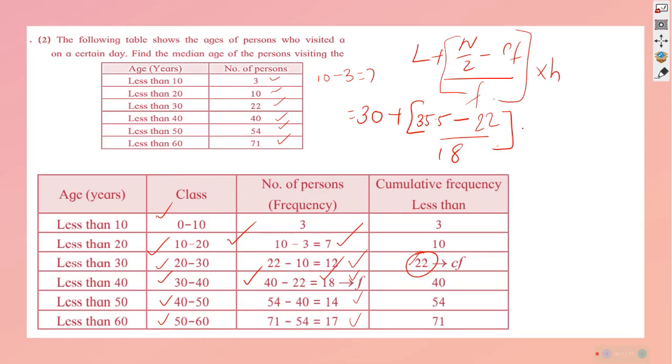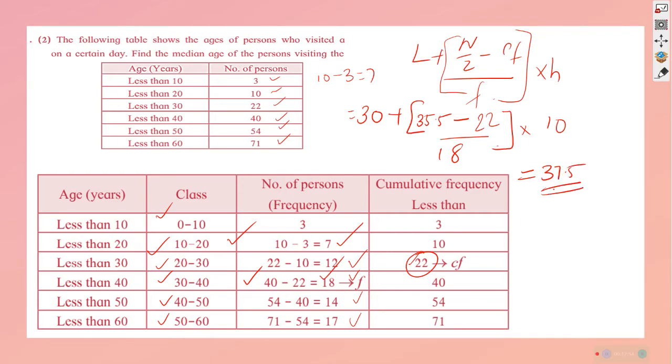Sorry for the delay. And the class interval in this case happens to be 10. So this is the situation. Now we have to solve it and get the answer, and the answer happens to be 37.5.